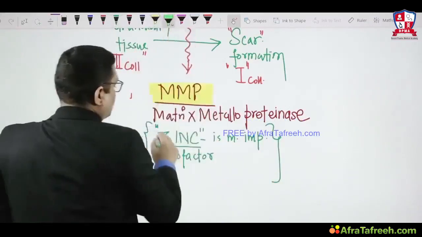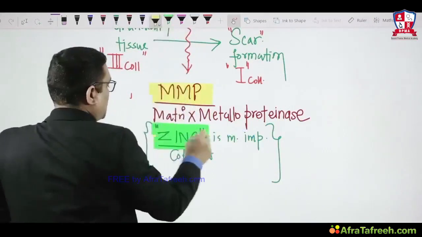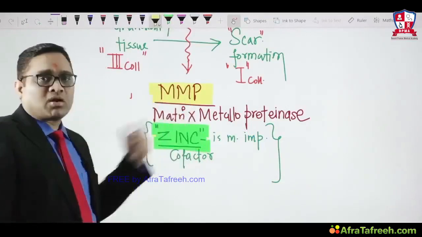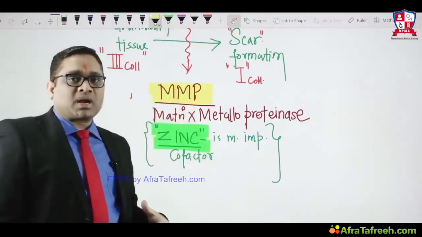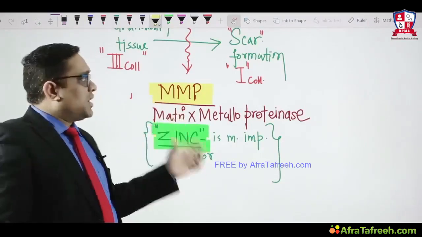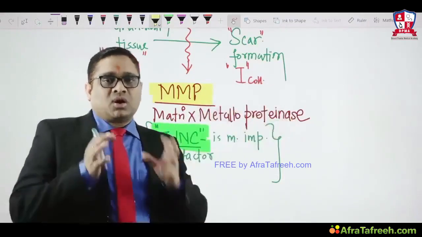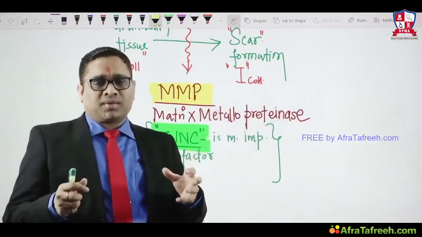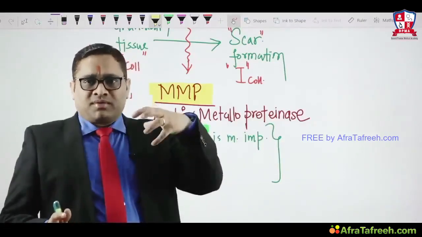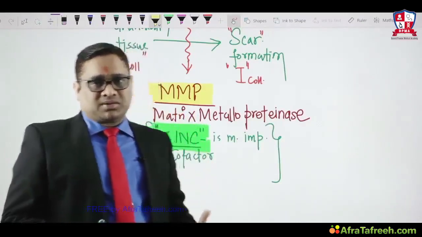And what is the function of matrix metalloproteinase? To degrade collagen 3 of the granulation tissue and to synthesize type 1 collagen in scar formation. So this is called tissue remodeling. This is how in wound healing you see scar formation, and this scar has contractility because of the presence of myofibroblasts.